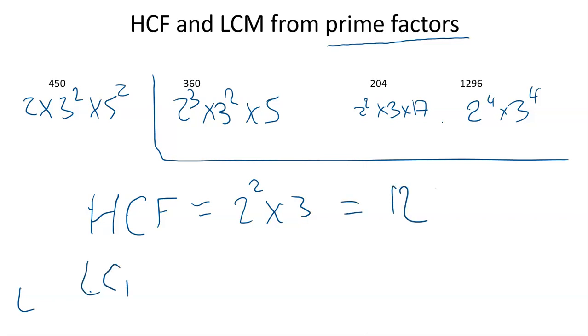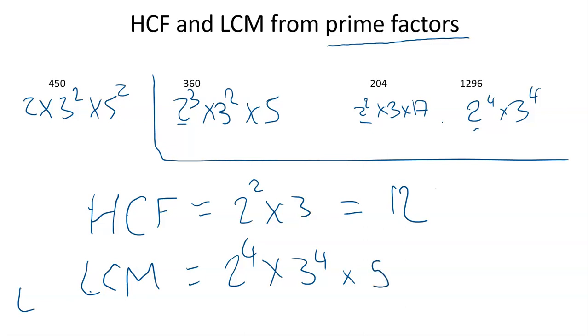And for the lowest common multiple, I look through all of them, and I use any primes that are there, and I make sure I use the biggest power of any that are repeated. So 2 cubed, 2 squared, 2 to the 4, that's 2 to the 4. 3 squared, 3 and 3 to the 4, I'm going to use 3 to the 4. There's a 5 there that's not anywhere else, so I'll have that 5, thank you.